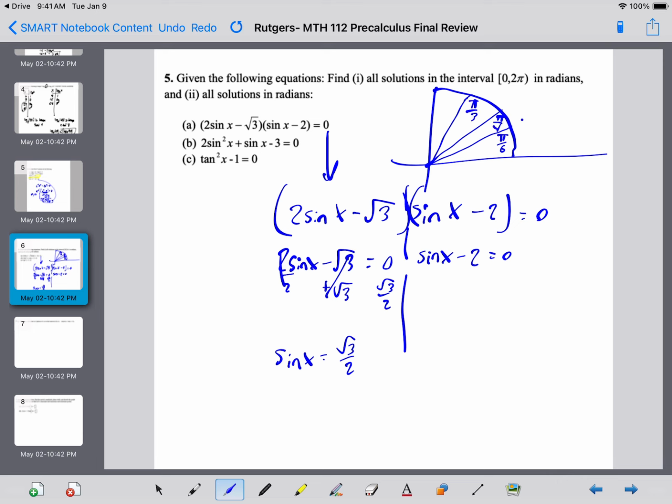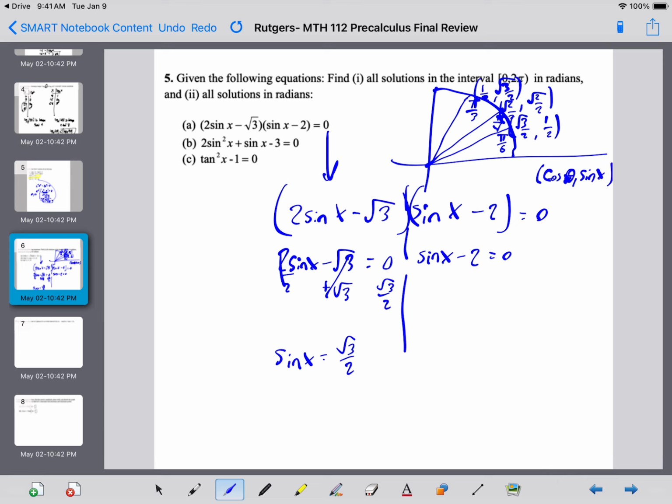And then the way you can memorize it, 3, 2, 1, 1, 2, 3, all over 2. And they all have radical in the numerator. The reason we don't include it on the 1 is because the square root of 1 is just 1. And our x values are cosine, our y values are sine.